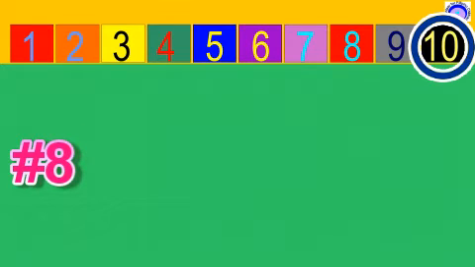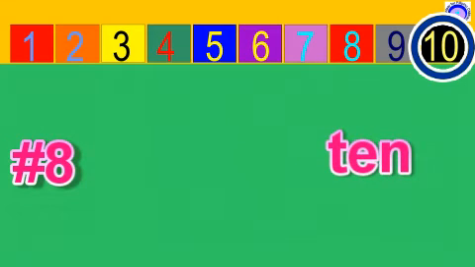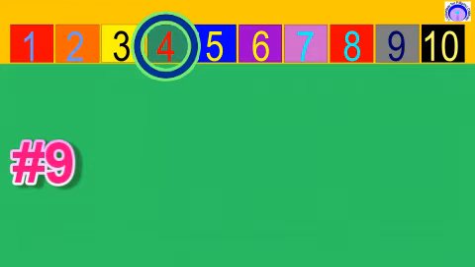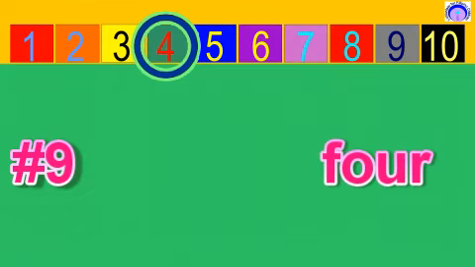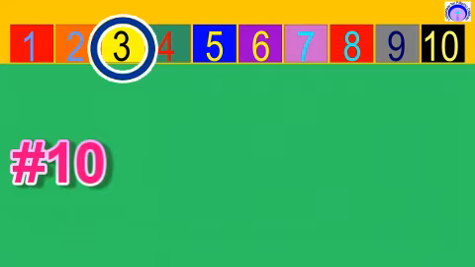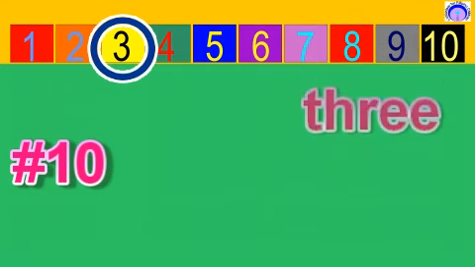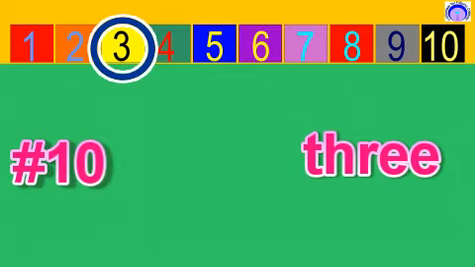What number is this? 10. Question number 9. What number is this? 4. Question number 10. What number is this? 3.